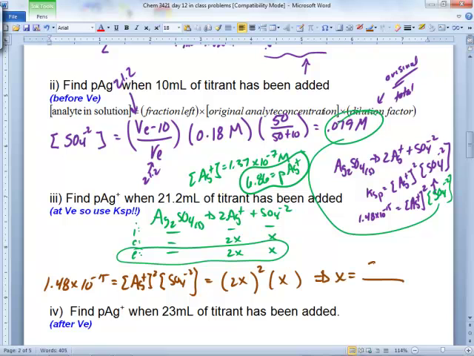But that's not my answer. Silver ion concentration is 2x. They want pAg+. So multiply by 2 and then take negative log. Because here are all of our answers. x is the concentration of the sulfate. 2x is the concentration of the silver. That's why.